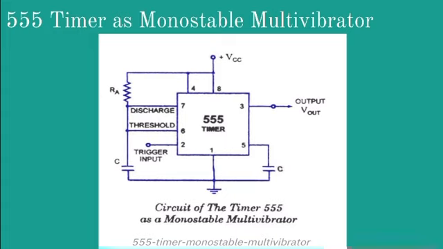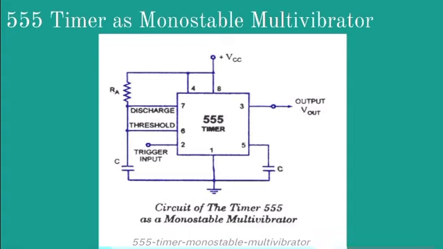Okay, so in such a multivibrator, one state of the output is stable while the other is unstable. So for auto triggering of the output from the unstable state to the stable state, energy is stored by the externally connected capacitor C to a reference level. Okay, so the time taken in the storage determines the pulse width.